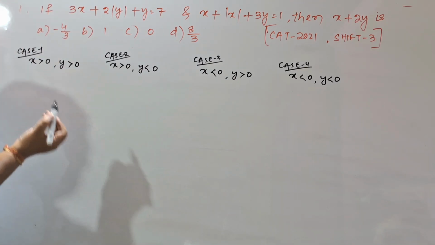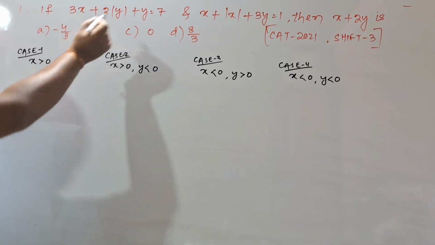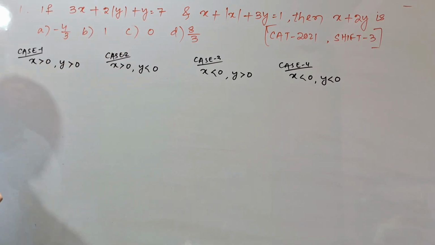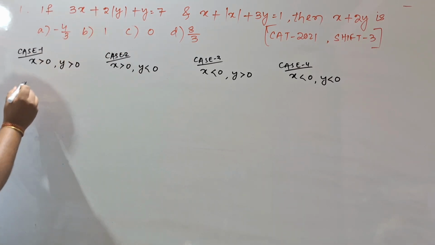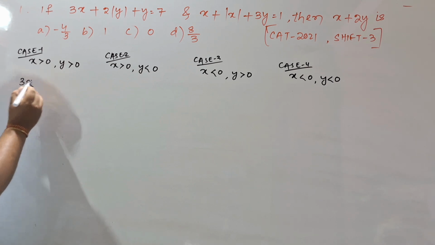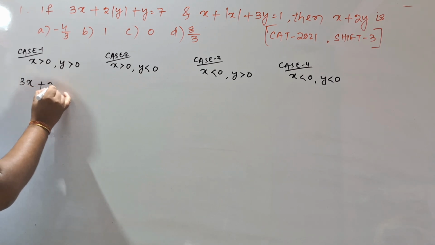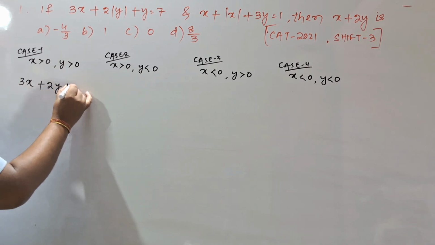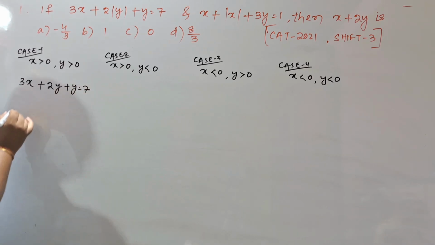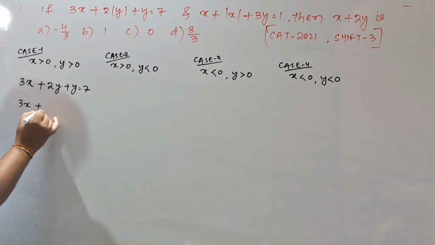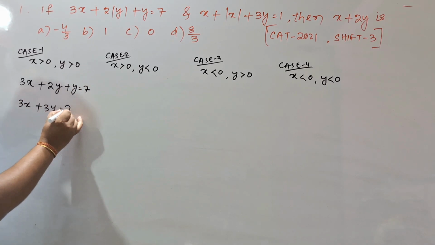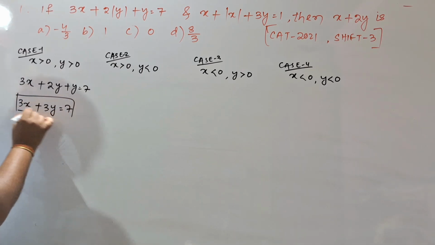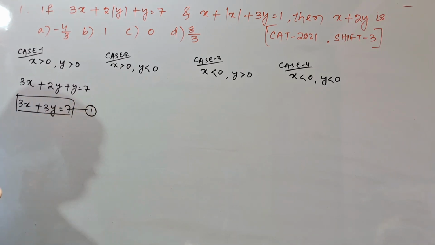Now you observe case number 1. x and y both are greater than 0, means positive. If I open the modulus, positive sign I have to write. So equation number 1, you just write 3x plus 2y plus y is equal to 7. If I solve this one, this is 3x plus 3y is equal to 7. This is my equation number 1.